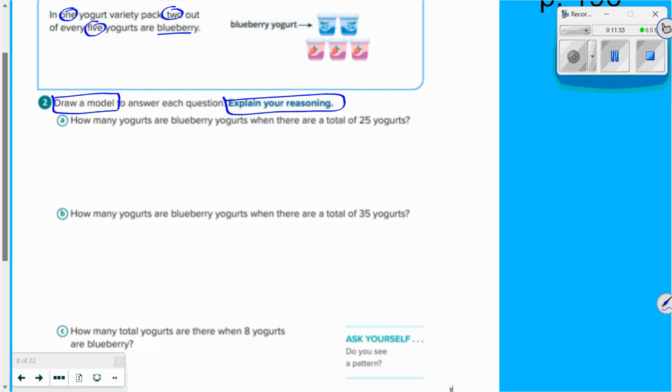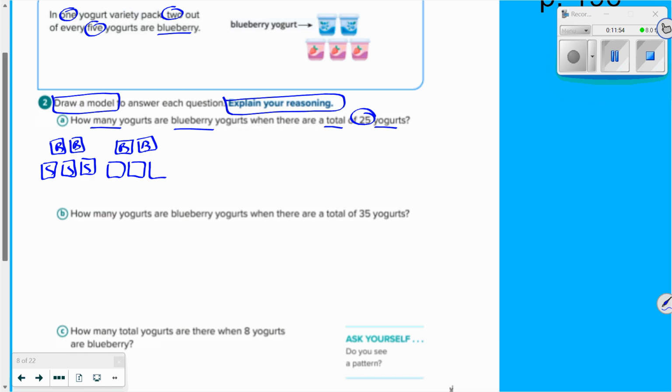First one. How many yogurts are blueberry yogurts? A total of 25. So given our initial size, you've got 2 to 3. That gives me 5. So I need to do another set. That brings me up to 10. Another set brings me up to 15.